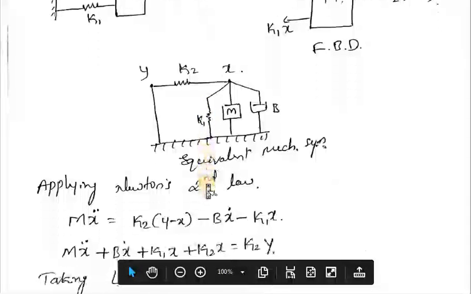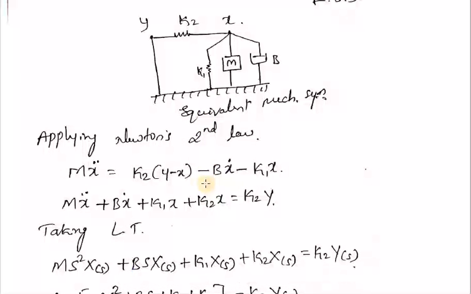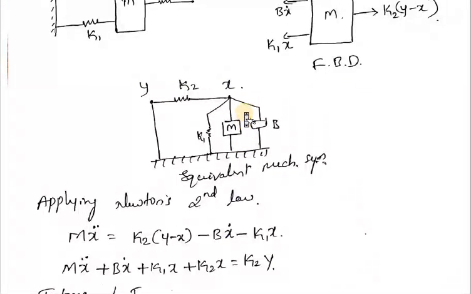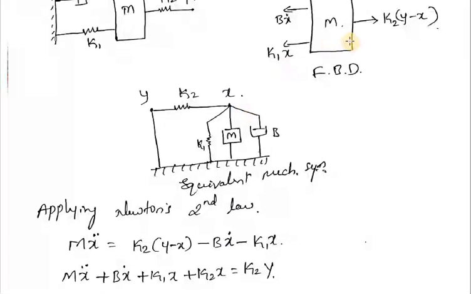After drawing the equivalent mechanical system, you need to write the differential equation. Applying Newton's second law, m x double dot, from this free body diagram. X is occurring in this direction, so the acceleration force will be in this direction. Take the forces acting in the positive x direction as positive, and the opposite direction as negative.